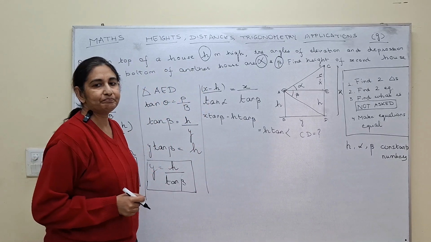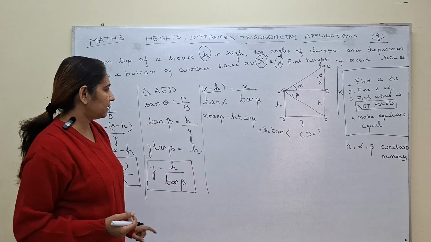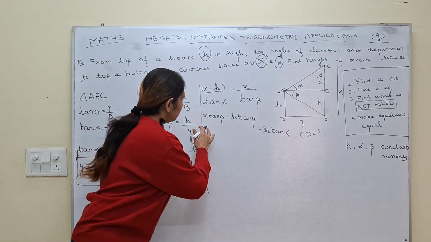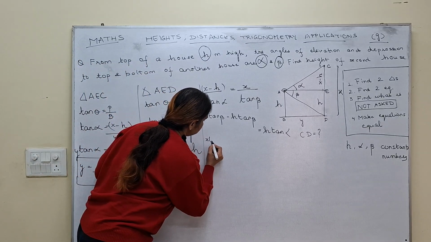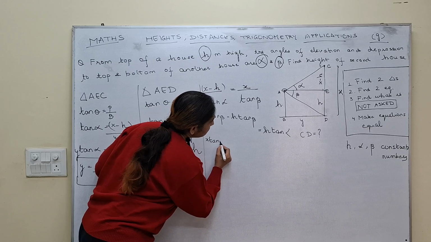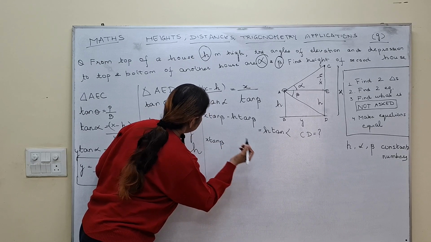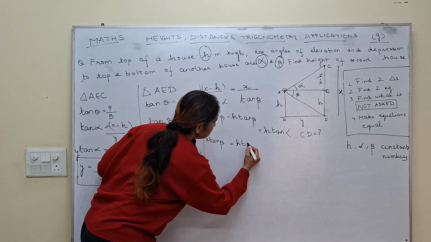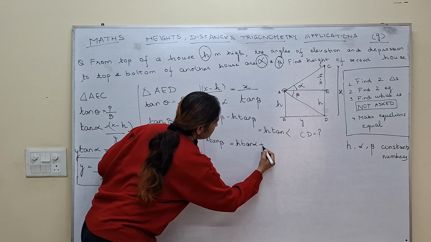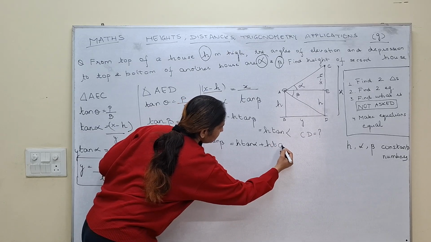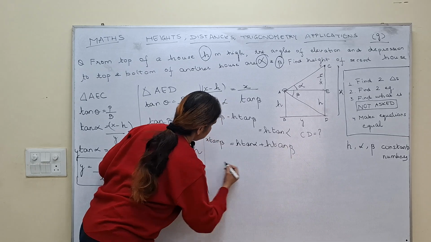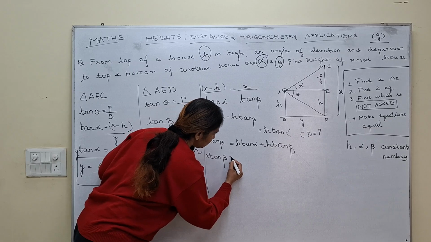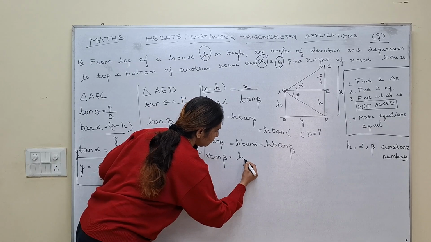Now what do we want? We want x, the total height. So let's get every x to one side. I'll shift everything there. I'll take common.